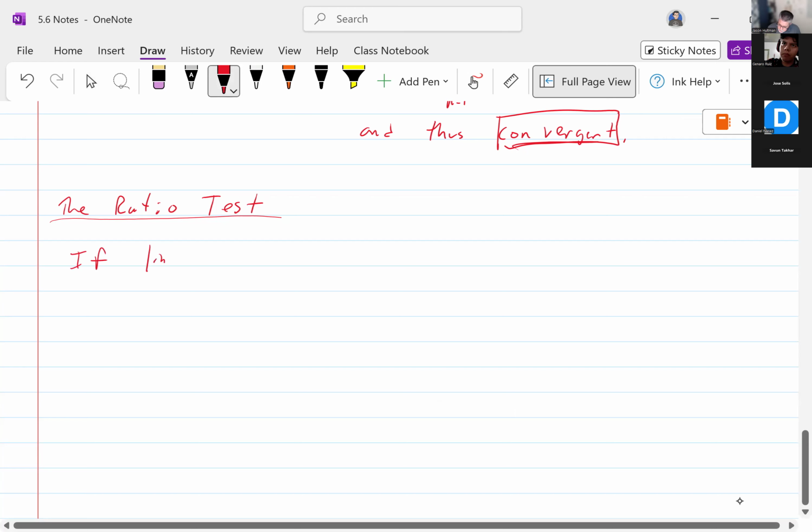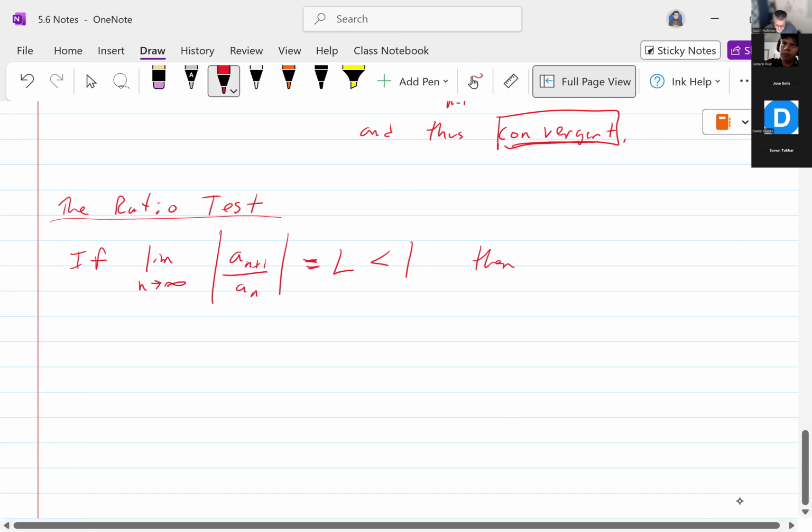if the limit as n goes to infinity of the absolute value of a sub n plus 1 over a sub n is equal to some L, some limit, and that limit is less than 1, okay?